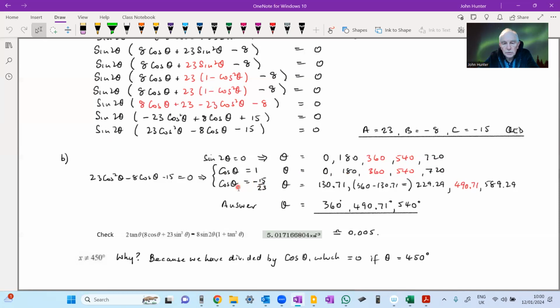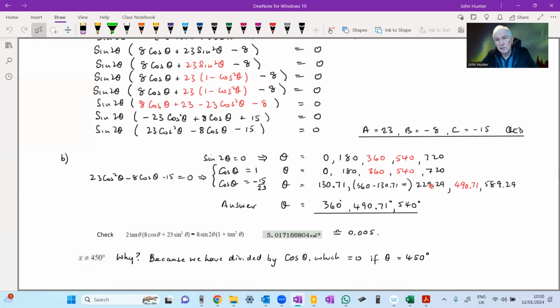And for cos theta equals -15/23, well, it's negative, isn't it? So we're not surprised if our primary solution is between 90 and 180. That's where it would be. But we also have the other one in the range 0 to 360, which we find by 360 minus this primary solution, giving us 229.29.